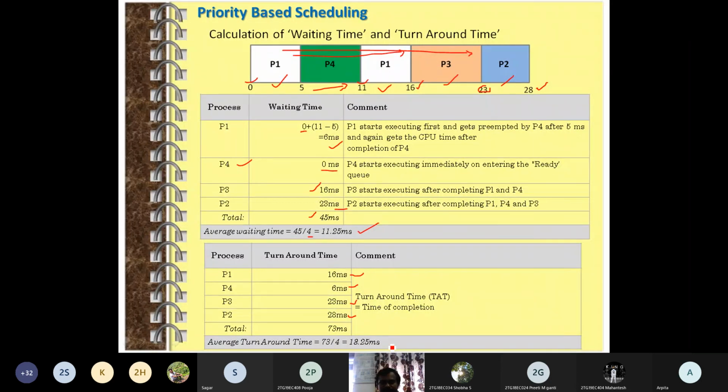Clear? So these are the scheduling techniques using the preemptive concept. The first one is shortest time, the second one is round robin, the third one is priority based scheduling.